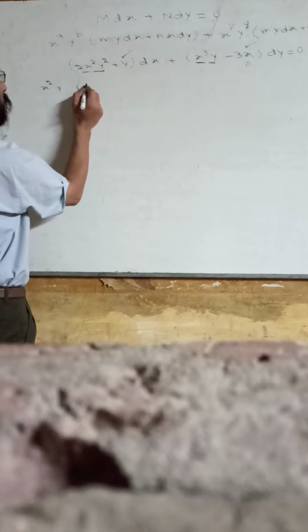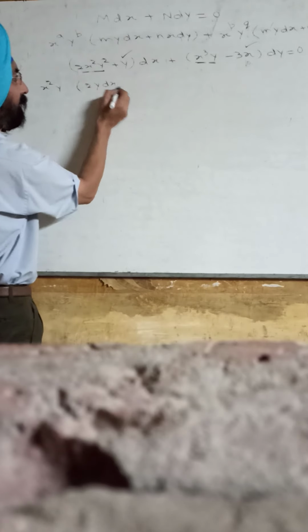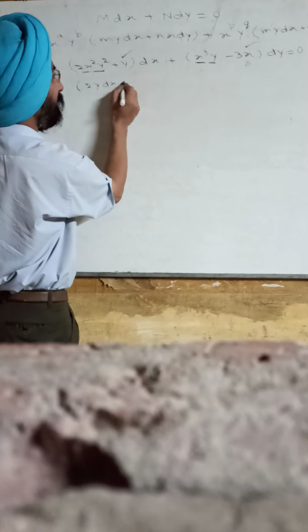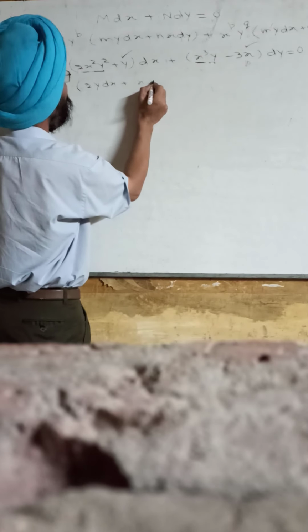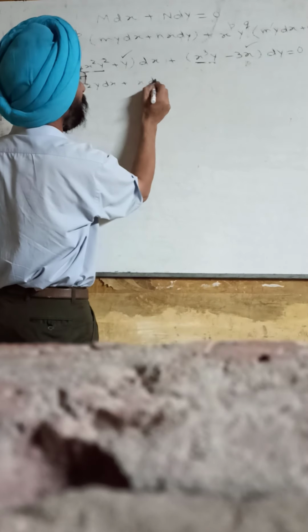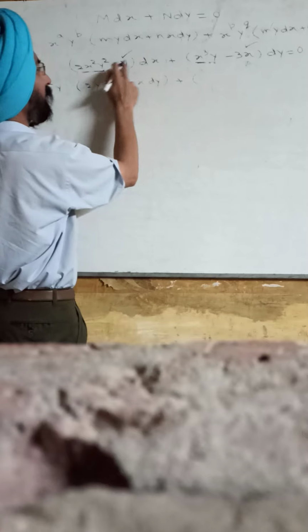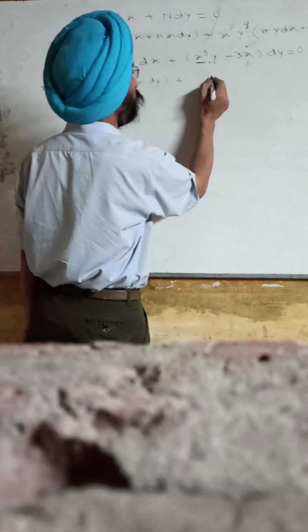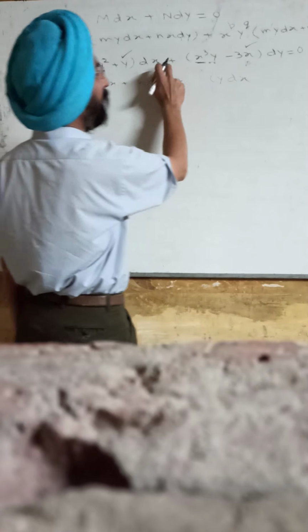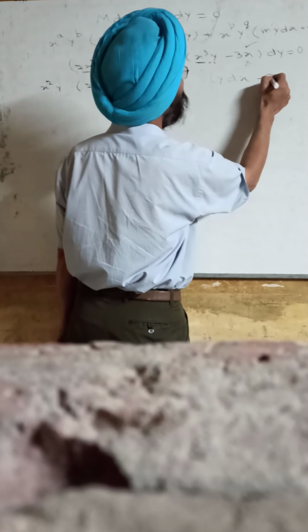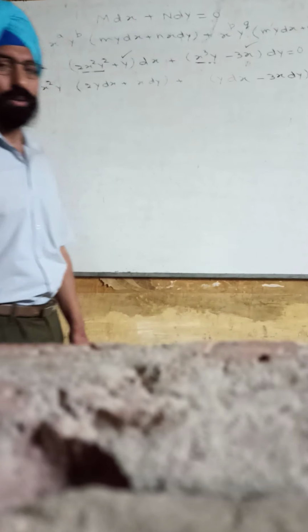Here you will get 2y dx, plus x²y is common, so you will get x dy, plus in the other bracket you will get y dx, there is nothing outside, and the other term is minus 3x dy equals 0.